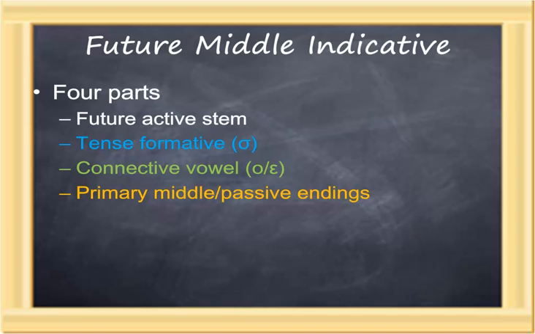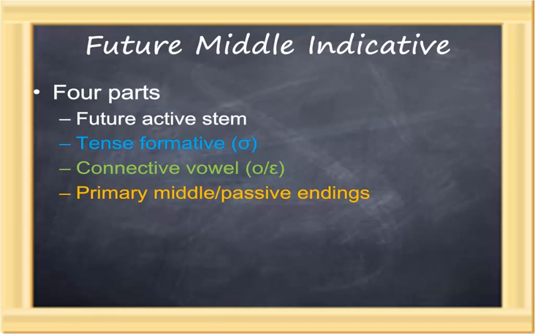Notice, though, this is just the formation of the future middle. The future passive will come up in our lessons later because it's formed on a different stem. It uses the aorist passive stem to form the future passive. So we're just now talking about the future middle.